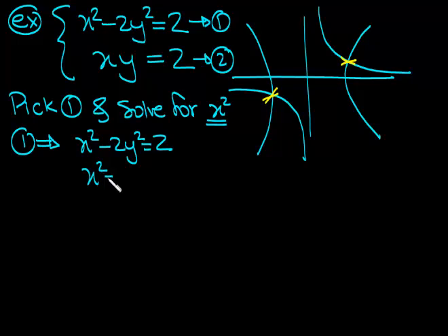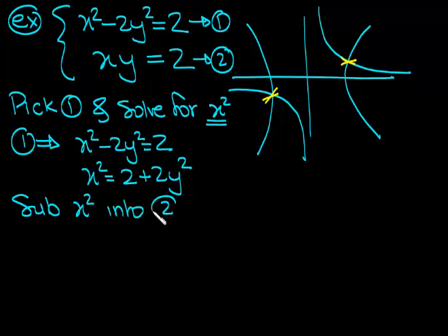So we get x squared is equal to 2 plus 2y squared. Now we substitute that into the second one, but the second one doesn't have an x squared term. But that's easy to create though.